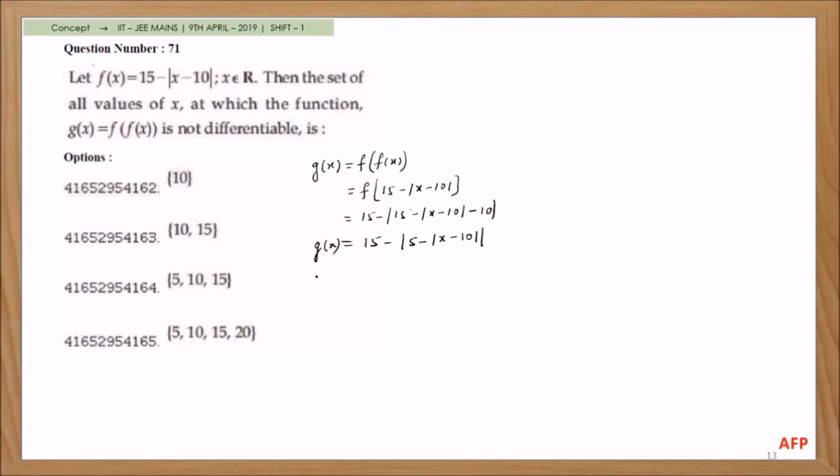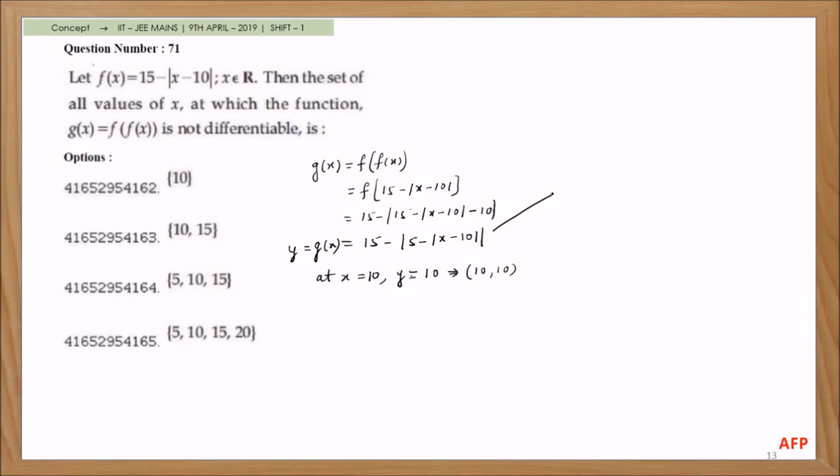So g of x. If you take at point x is equal to 10, what is y here? So if you take this equation as y, what is y? So this becomes 0, 5 minus 15 is 10, so this implies (10, 10) is one point. Okay, so one point we got.